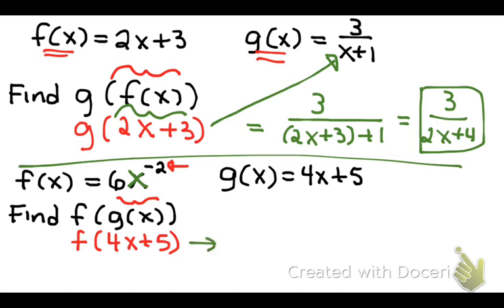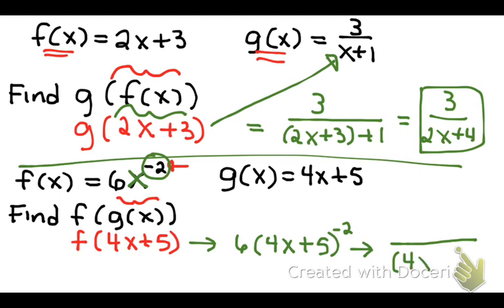So it's actually 4x plus 5, and then that quantity is raised to the power of -2, and we know that that sends the expression to the denominator, 4x plus 5, that quantity squared, and the 6 is not raised to a negative power, and that just remains in the numerator.